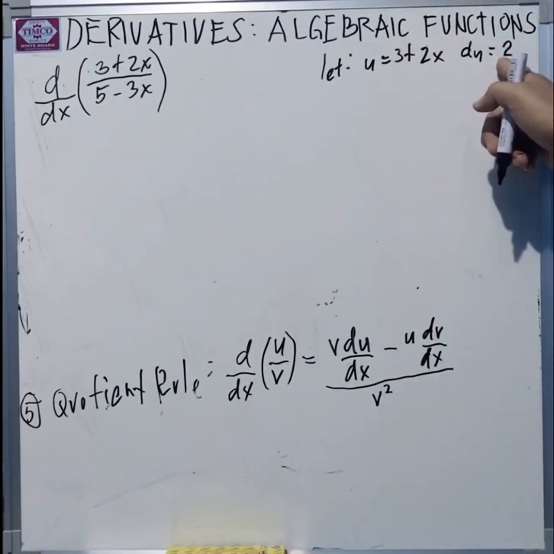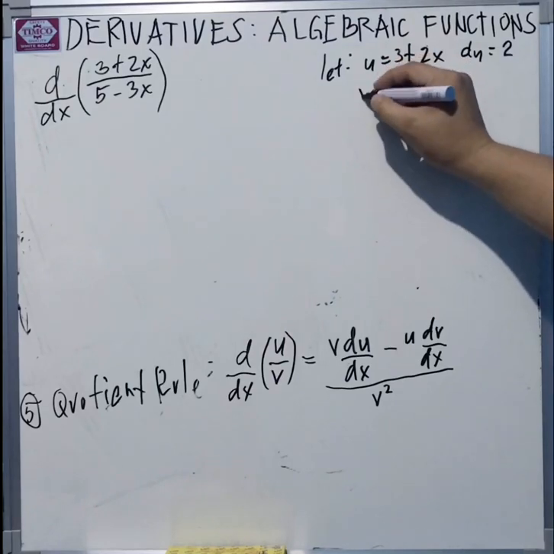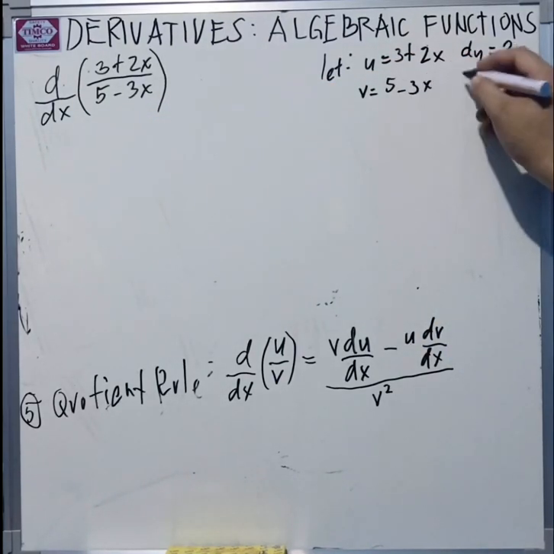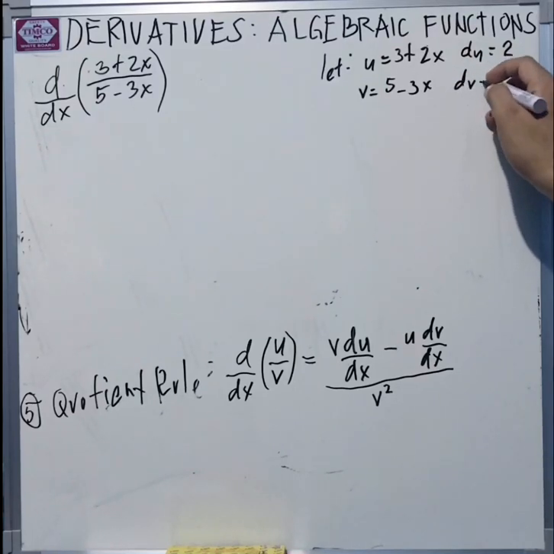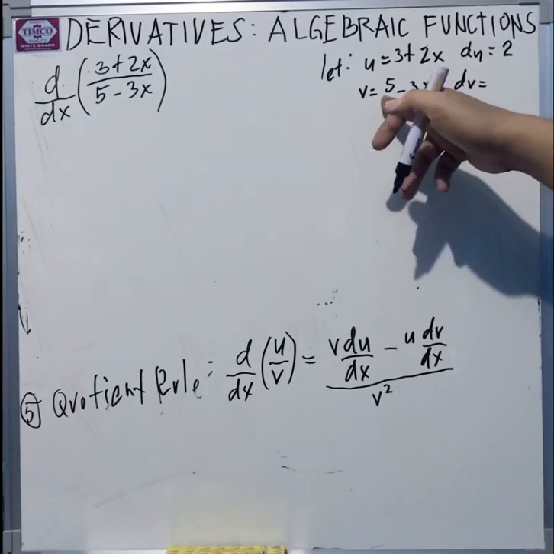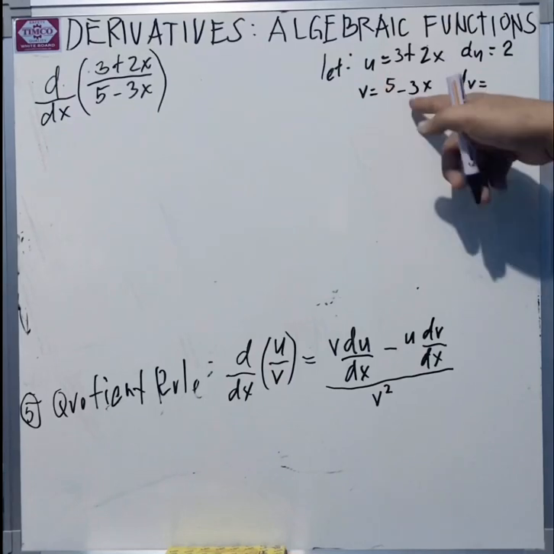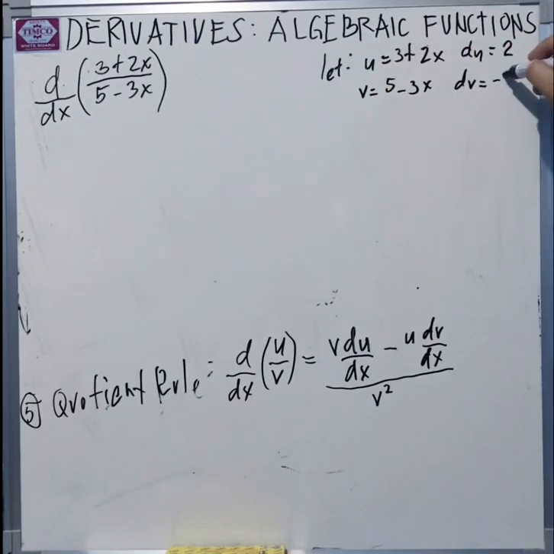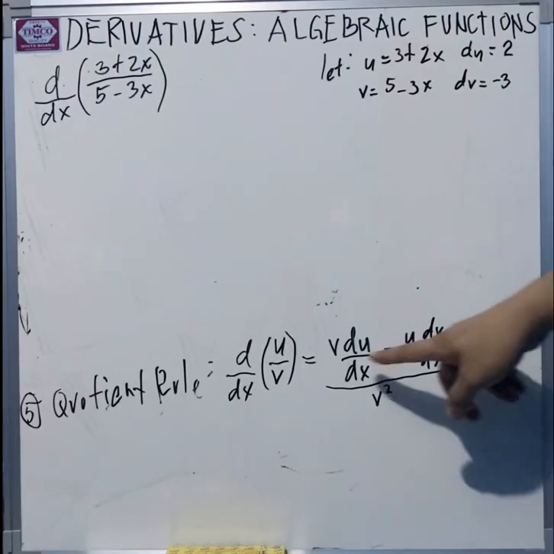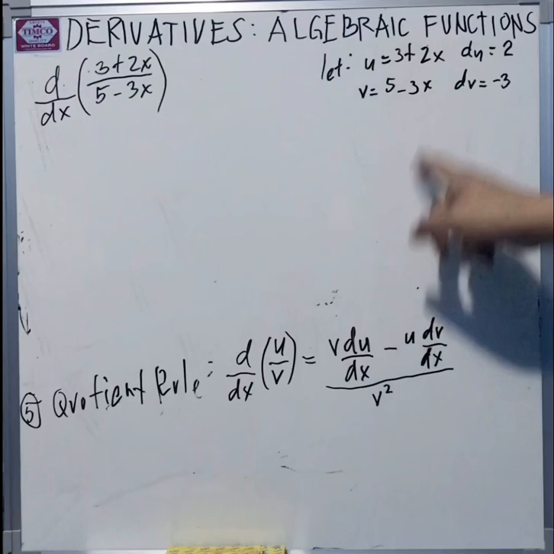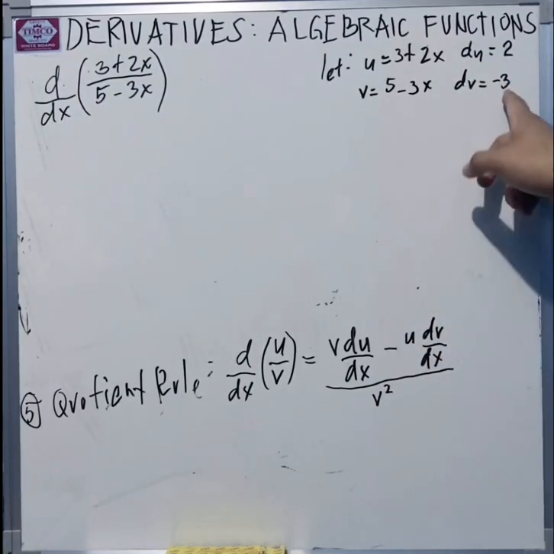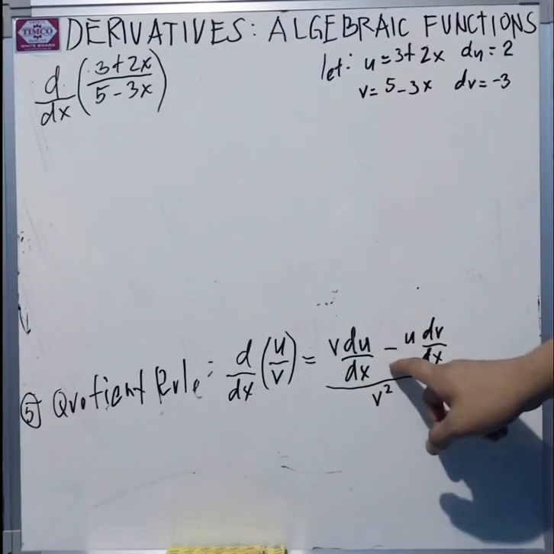So we have 2. And then v is 5 minus 3x, and dv is, with the constant multiple rule, negative 3. Now that we have v, du dx, u, and dv dx, we can substitute.